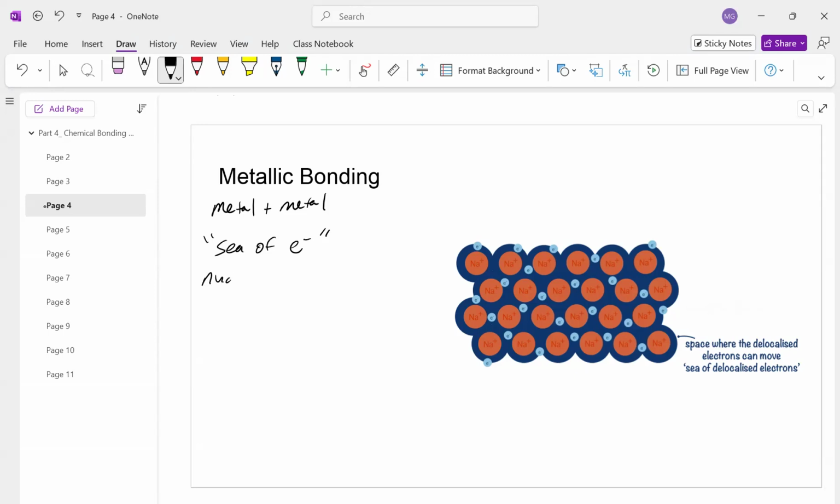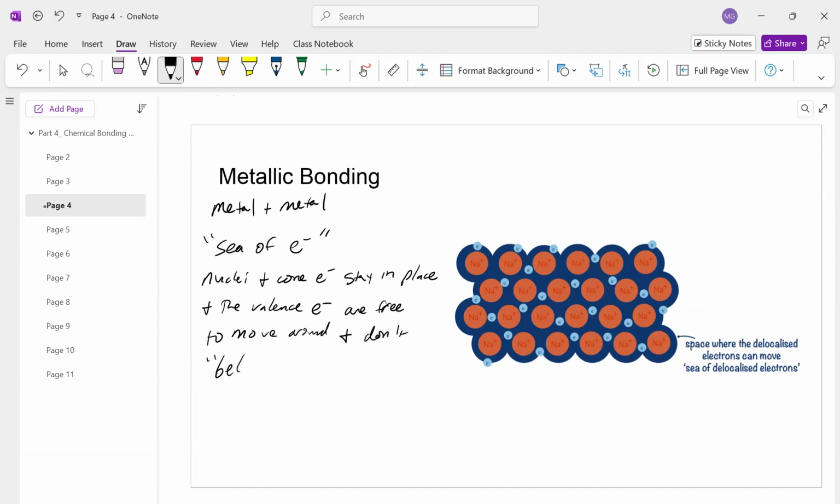The nuclei and the core electrons stay in place, and the valence electrons are free to move around and don't really belong to any certain nuclei.